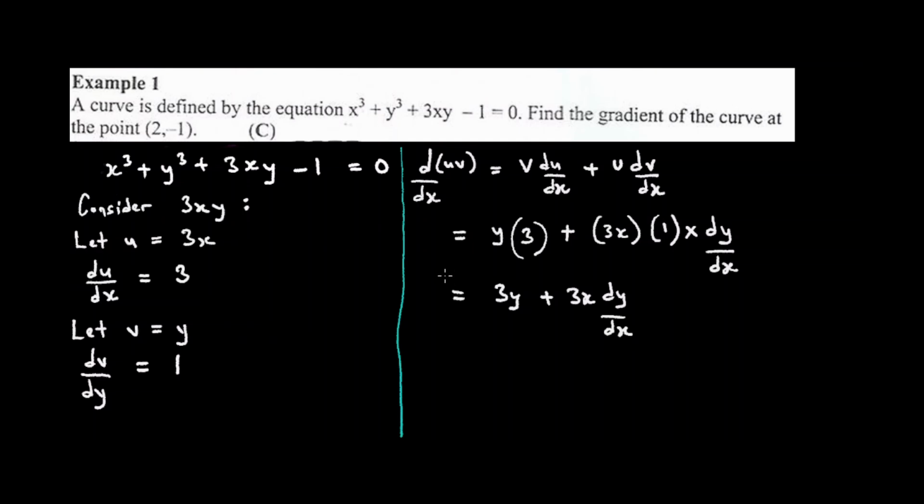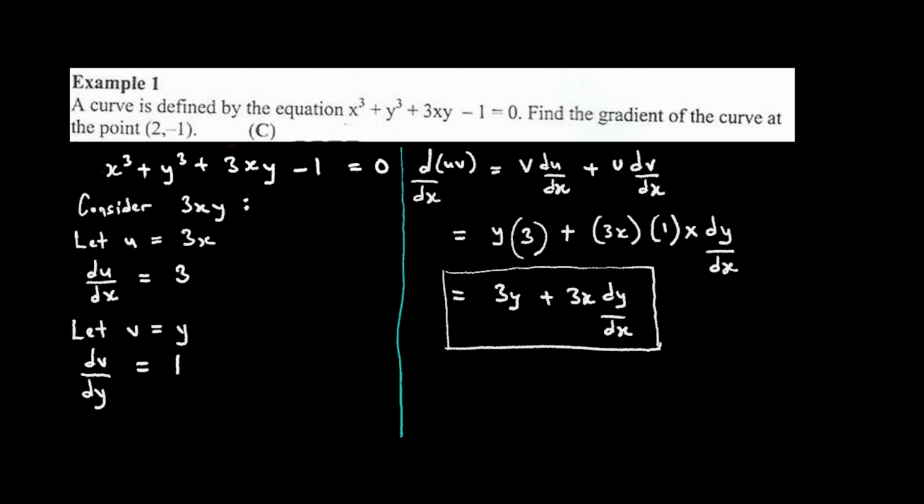And for now, let me just bracket this. I'm going to need it like this. So what I want to emphasize, and where we depart from the conventional product rule you learned, is where we multiply by dy/dx. Very sacrosanct there. Okay, so please if you have not understood, go back a little, and tell me in the comments so I know why. We said 3x times 1 times dy/dx.